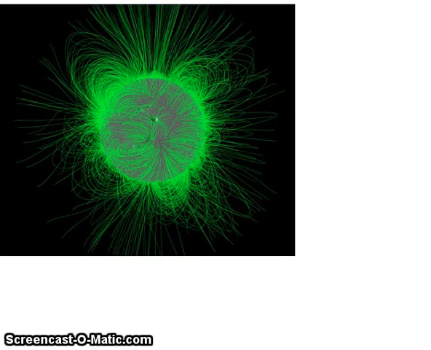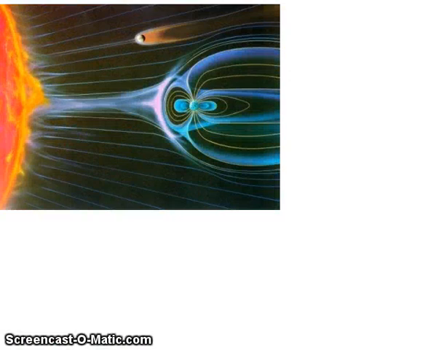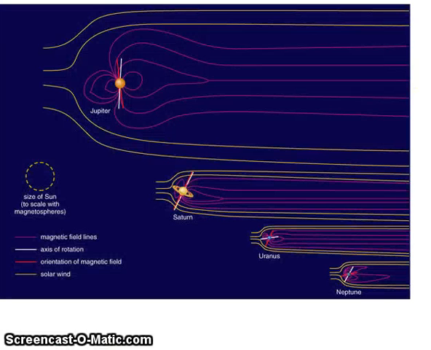As the star ages, the magnetic field shrinks significantly. This little dotted line right here is the size of the Sun to scale with the magnetospheres of these. Jupiter's size isn't to scale with the Sun, but its magnetosphere is.